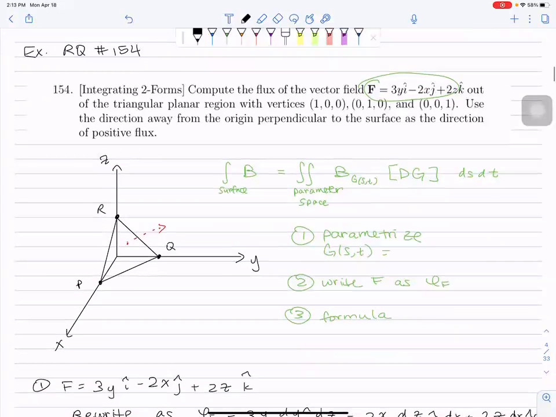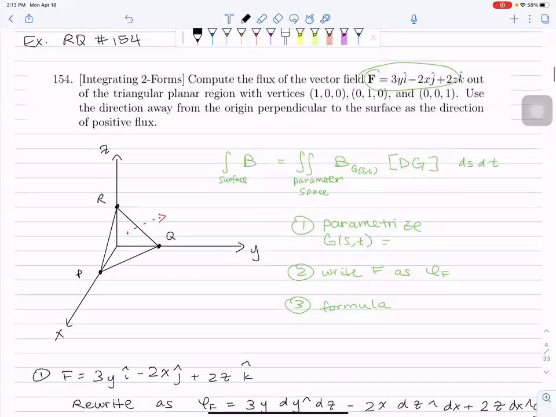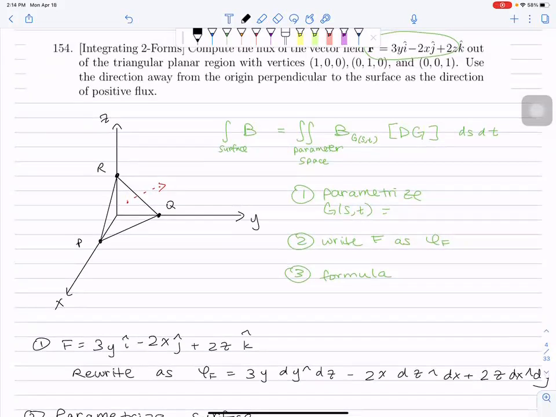Does anyone want to suggest a first step for how we parameterize our surface? We have this flat triangle, and we want to write the equation of this plane. How do we write an equation of a plane? We need the normal vector.